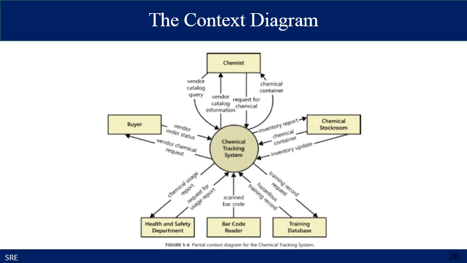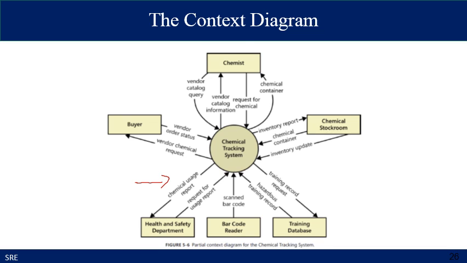For example, the context diagram of the chemical tracking system is displayed here. The chemical tracking system is placed in the center along with the entities that interact with it, and the relationships are defined by specifying a verb form.